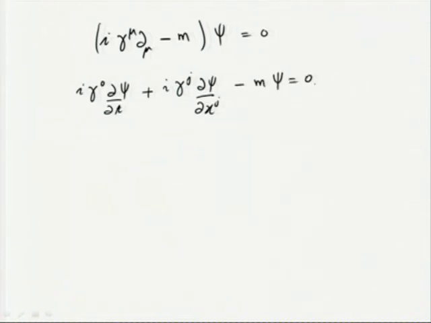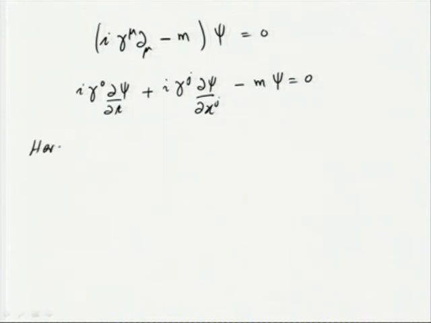Take the complex conjugate of that, which will give you minus i. Actually here, because we are dealing with a matrix equation, we have to take the Hermitian conjugate. Okay? So, let me write that for you.